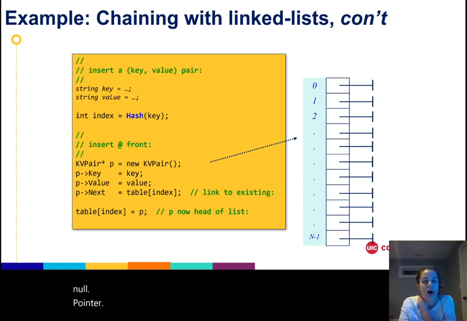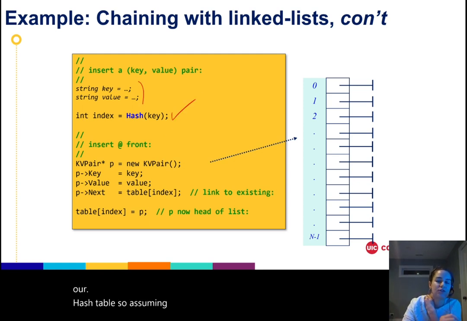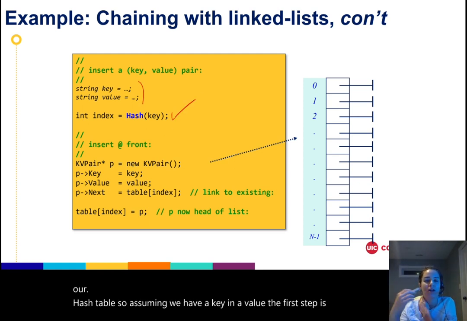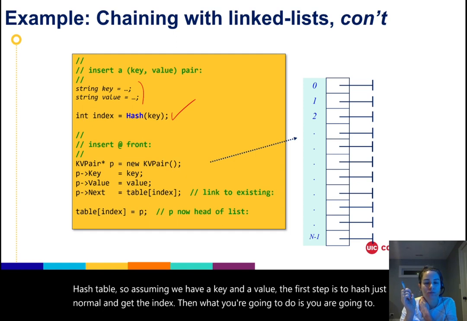So continuing on, how does this work? Let's try to insert a key value pair into our hash table. Assuming we have a key and a value, the first step is to hash just like normal and get the index. Then you're going to create a new node.